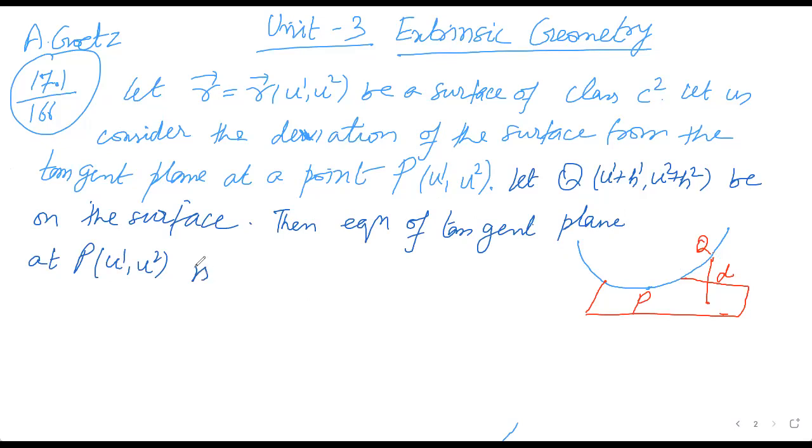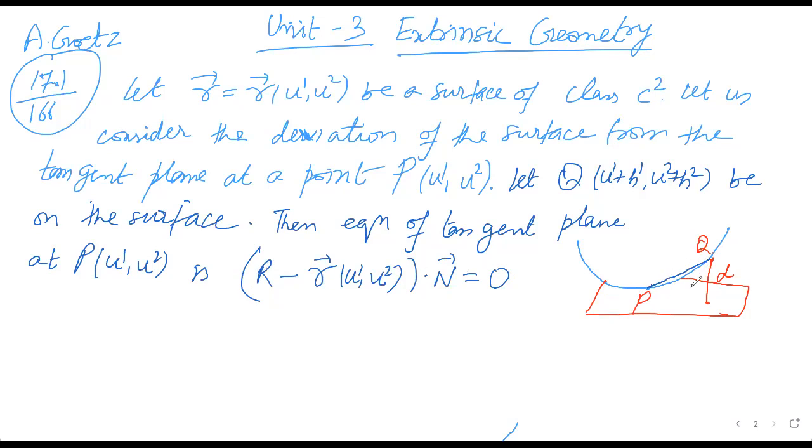याद है किसी को? R minus R(u1, u2) dot N is equal to 0, है ना? If I am joining this P to Q, so R minus R is the representation for the plane.